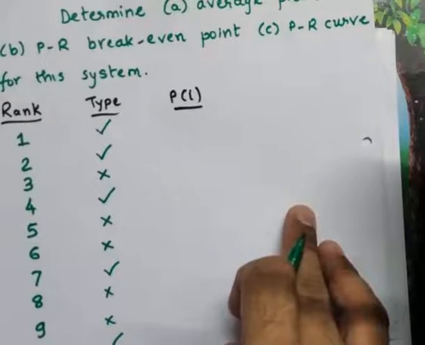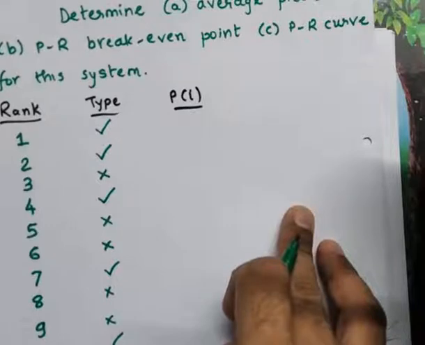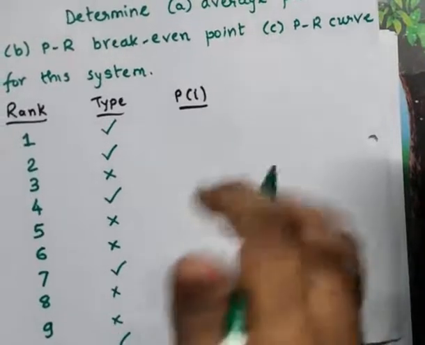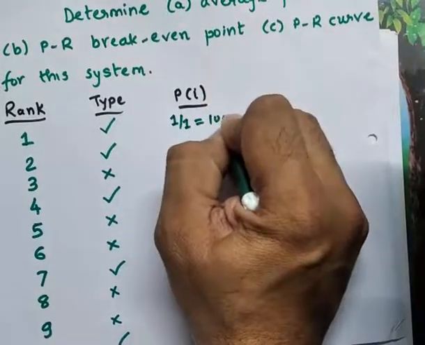In order to determine the precision, the formula is: out of the total number of retrieved documents so far, how many are relevant. At the first rank position, one document has been retrieved so far and it is relevant. So the precision value will be 1 by 1, that is 100%.